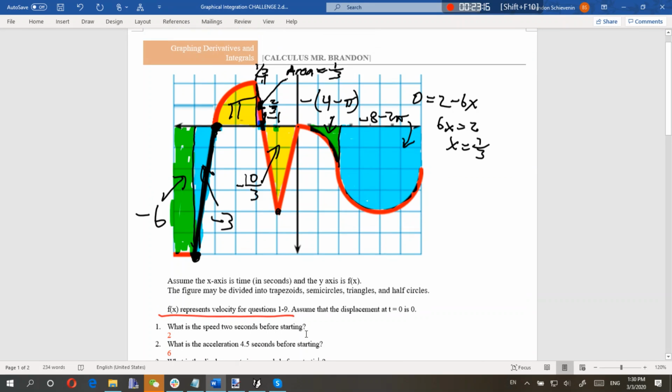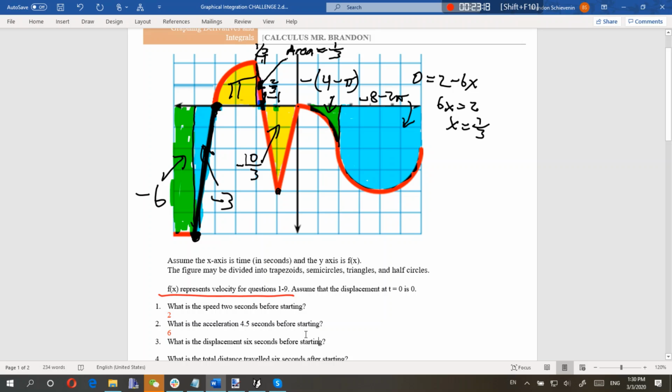Okay, displacement 6 seconds before starting. So this is how far away from the start point were we 6 seconds before we started. Okay, this is a little bit interesting because I'm actually working backwards. So from where we started, if I went backwards by negative 10 thirds units, then I would actually be adding 10 thirds units.